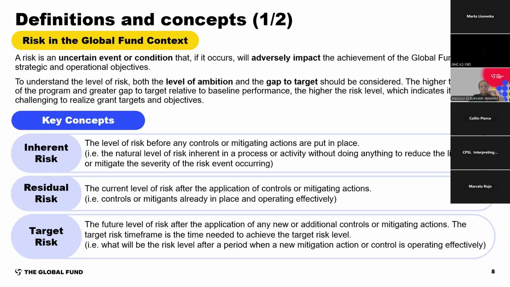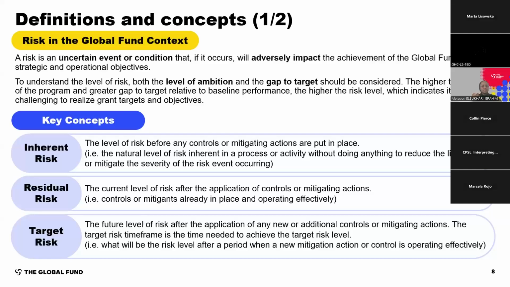When we look at the risk internally, we define 3 categories of risk. One is the inherent risk, and this is the level of risk before any control or mitigation actions are put in place. So it's where we start without anything being done to reduce the likelihood or impact of the risk.